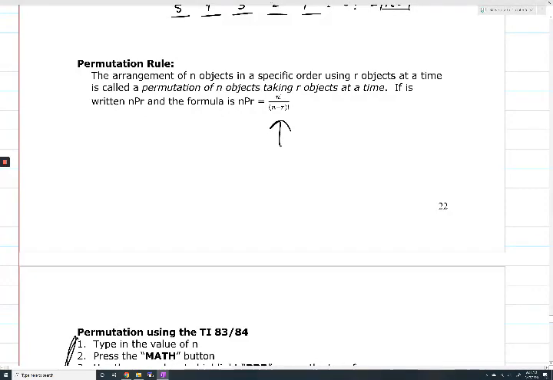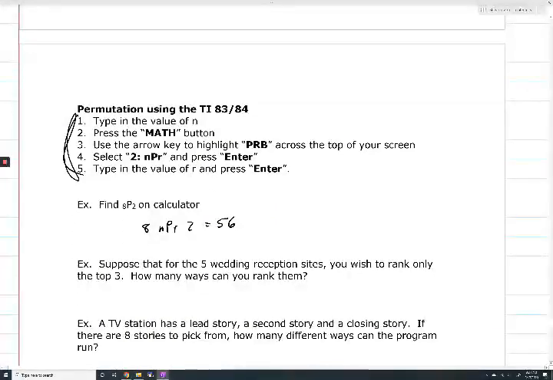Now let's look at this using our formula here. So that n factorial divided by n minus r factorial. So n factorial over n minus r factorial. So that brings me to 8 factorial over 6 factorial. Now those are both fairly large numbers. They're not massive, but I don't know what 8 factorial is in my head, and I don't know what 8 factorial divided by 6 factorial is in my head. However, there's a way I can rewrite 8 factorial to make my life substantially easier.